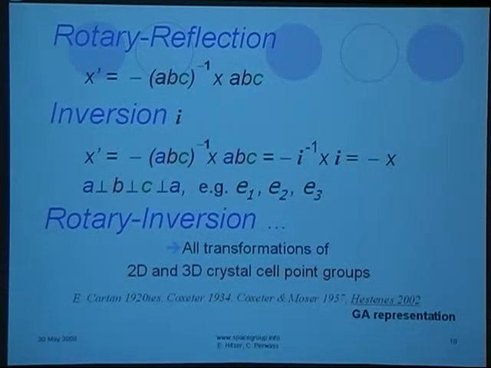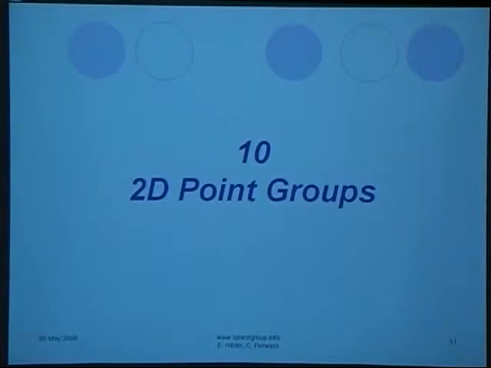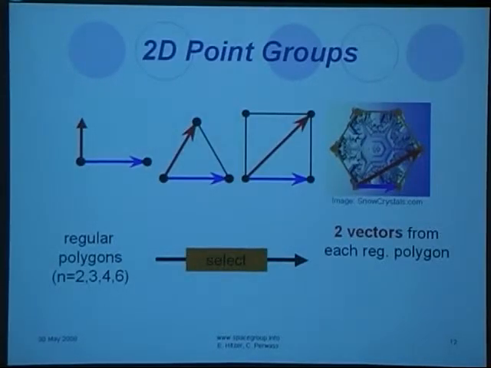So, giving an example of 2D point groups, I have basic geometric figures, and I connect 2 points in the figure and connect to the neighboring vertex neighboring to this one, and then the angles are always right for the symmetry of this figure.